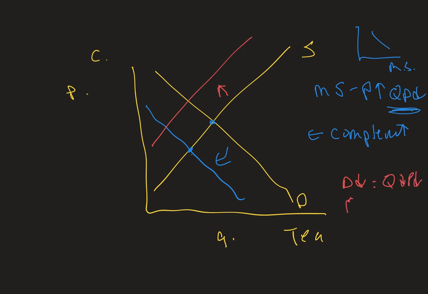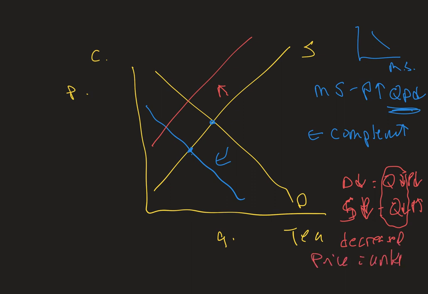The decrease in supply led to a quantity decrease, but a price increase. Quantity, we know for sure, is decreasing, because it decreases when you decrease demand and when you decrease supply. Price is unknown, or indeterminate, or question mark, however you want to indicate that we don't know.